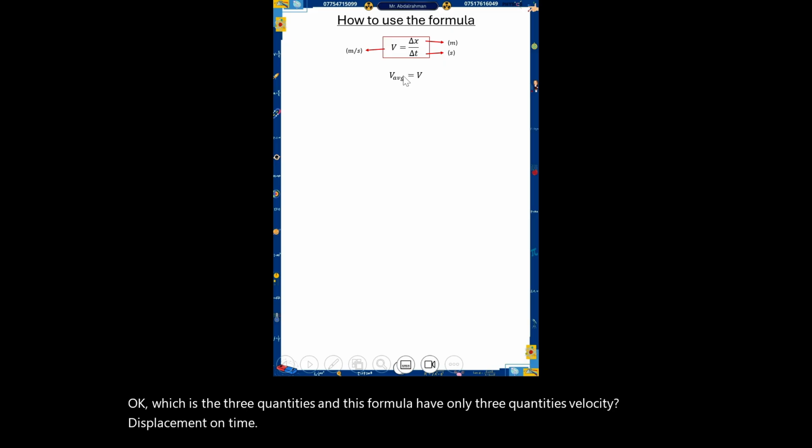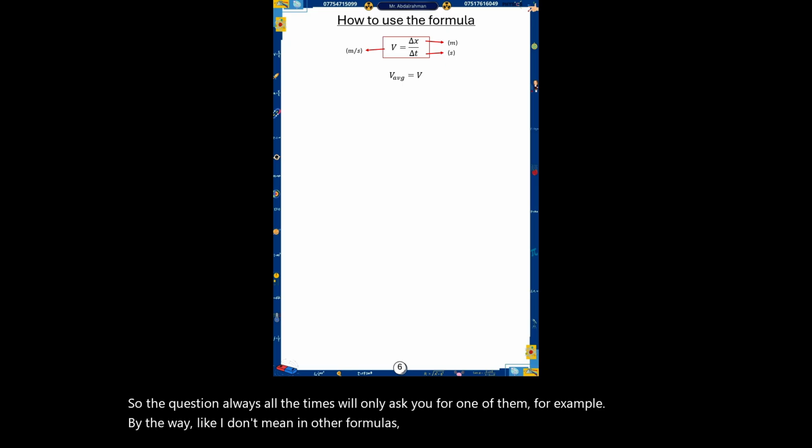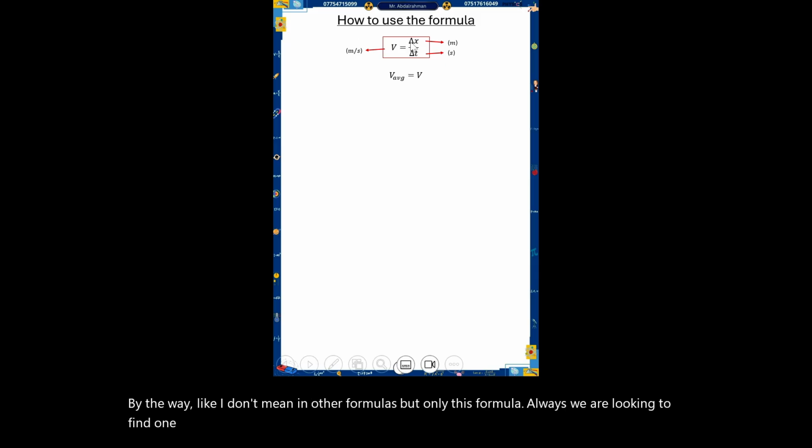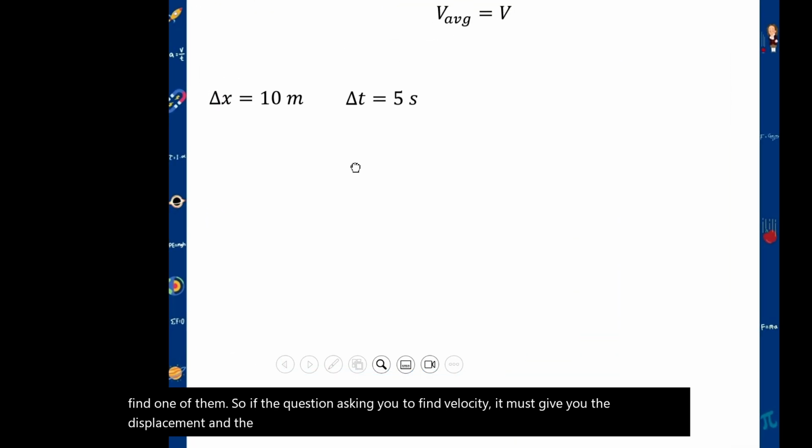So the question, all the time, will only ask you for one of them. By the way, I don't mean in other formulas, but only this formula, always we are looking to find one of them. So if the question is asking you to find velocity, it must give you the displacement and the time, which is delta x and delta t.